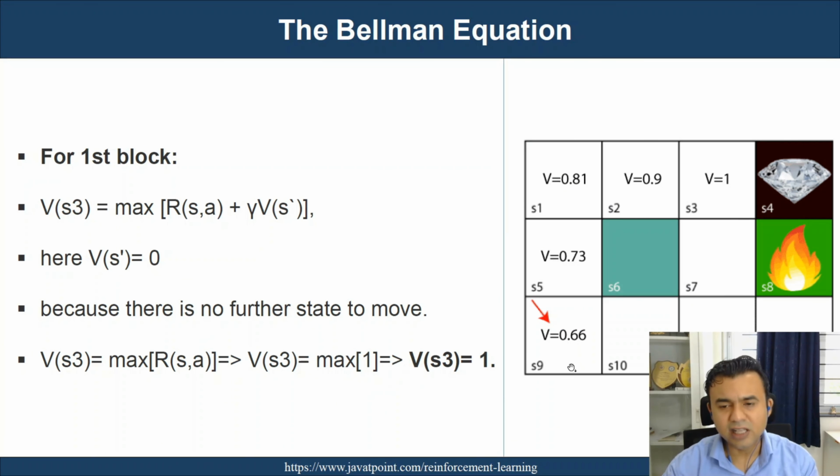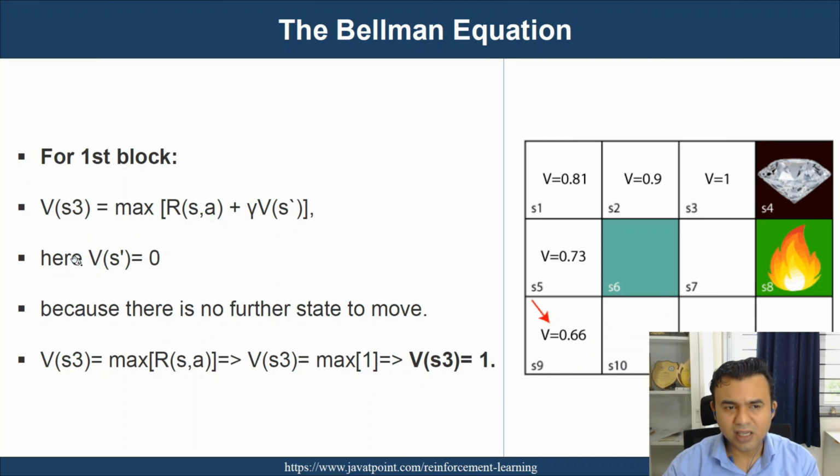Now if you look at this, you can begin from anywhere, or let's say the first block can start at S3. I'll just start from here. So let's compute the V value for S3, which equals max R as A plus gamma times Vs dash.